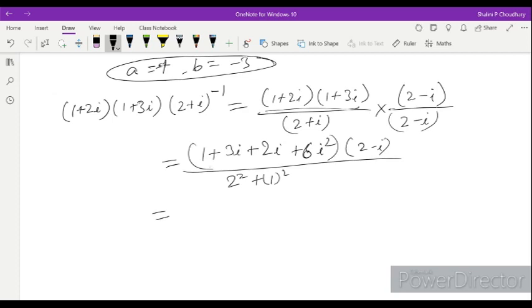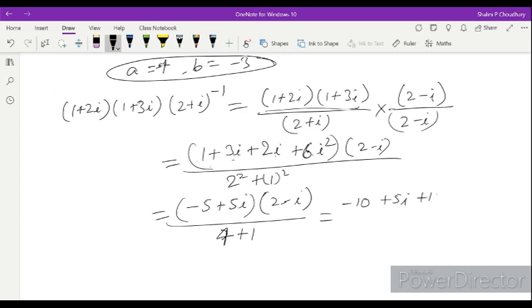Now for this one we'll get 5i and 1 minus 6, so minus 5 plus 5i. And now we'll multiply this by 2 minus I, divided by 2 square, which is 4, and 1 square, which is 1. So now we'll get, after multiplying this, minus 10 plus 5i plus 10i minus 5i square divided by 4 plus 1, that is 5.